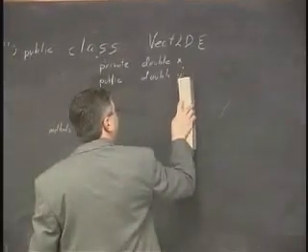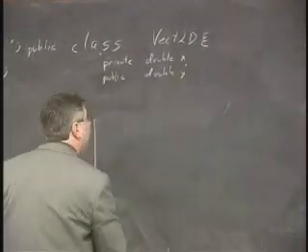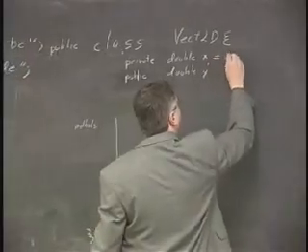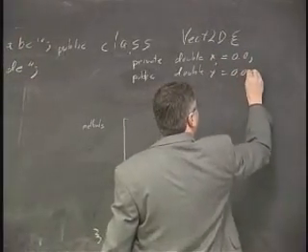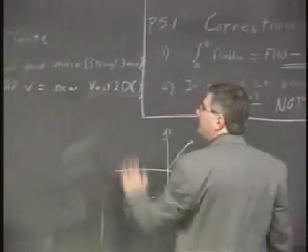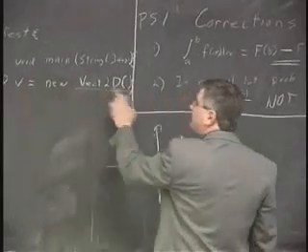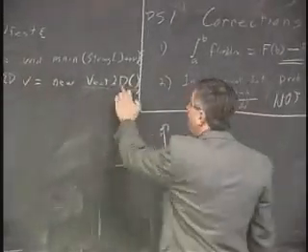So for good practice, we should always initialize our instance variables. Now, when this happens, Java will say, okay, I've got to make a new vector 2D, and I'm going to use the default initialization.